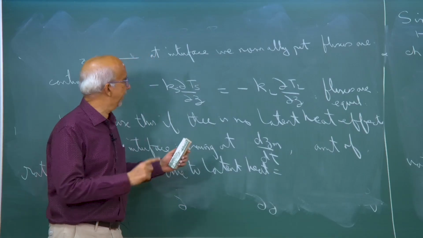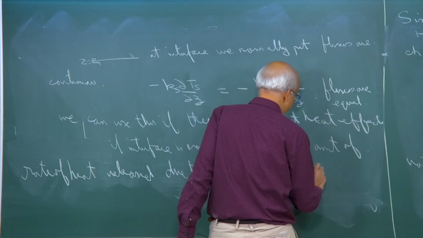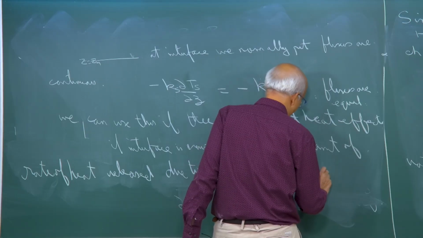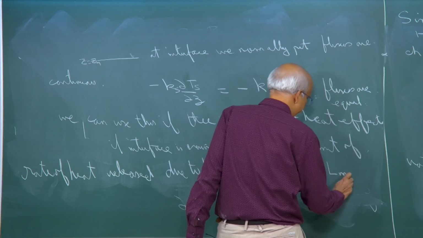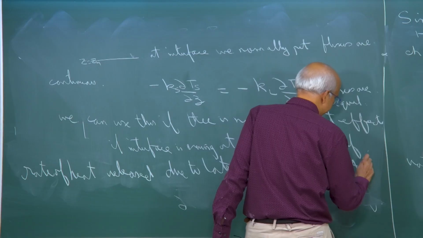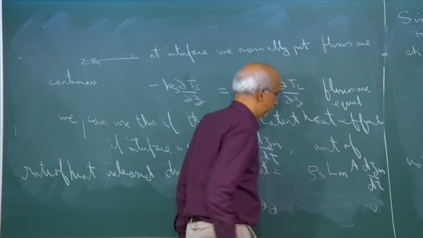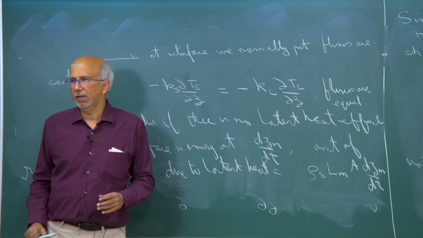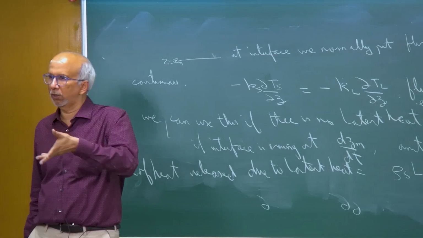So, if the area is A, it is going to be A times dz multiplied by rho s whatever times Lm times area times dZm by dt. I am saying that the latent heat I am defining on a per unit mass of solid.